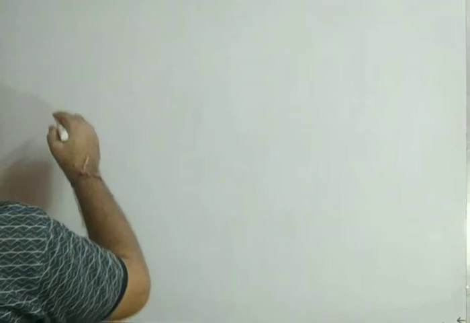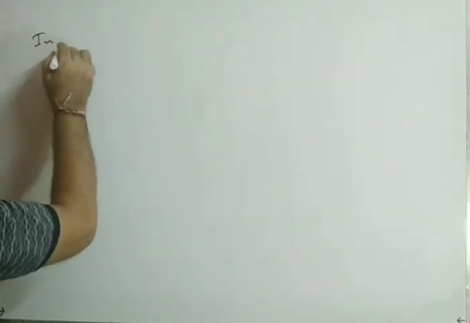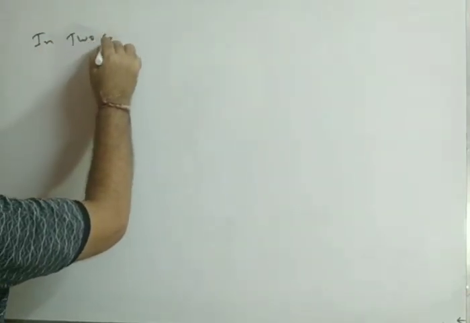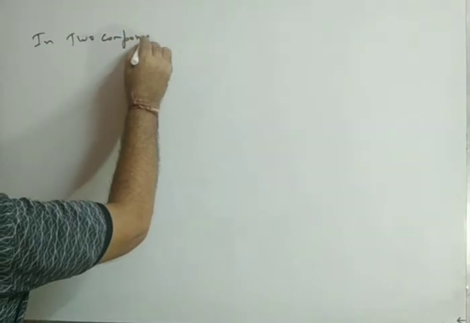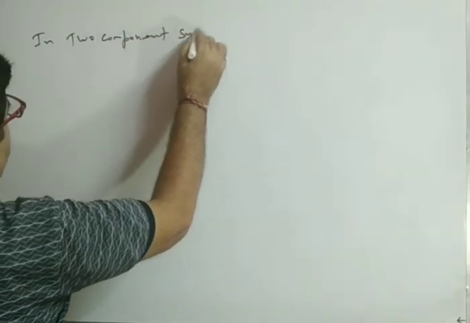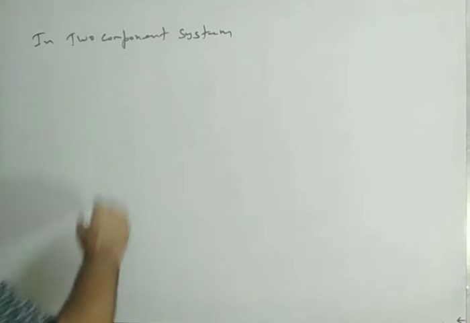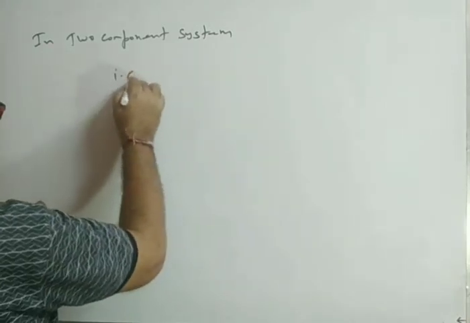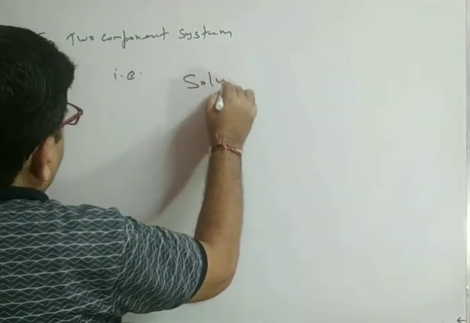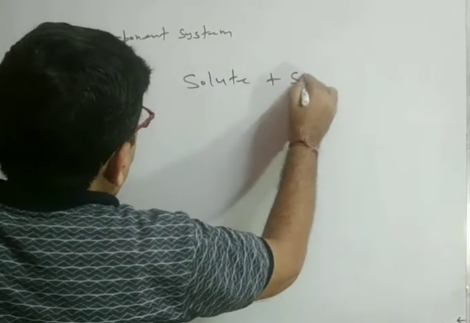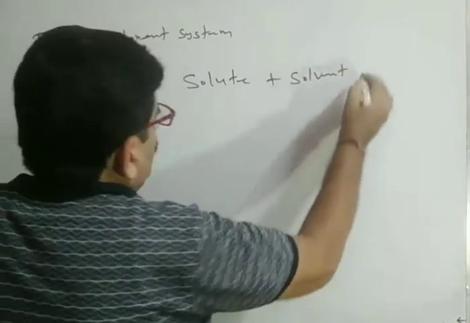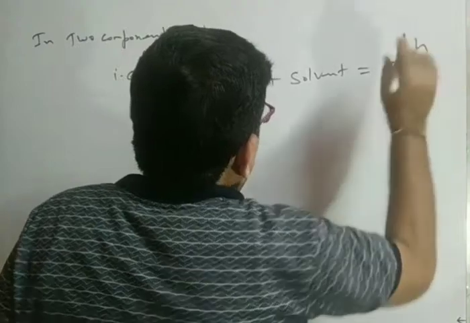So we can write, in a two component system, solute plus solvent is equal to solution.